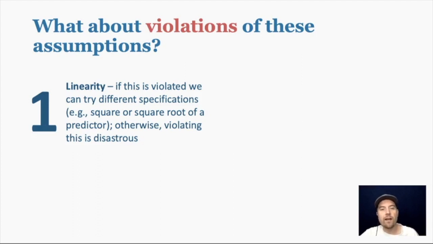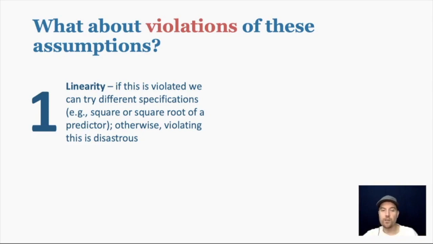All right, so what about violations of these assumptions? So linearity, if this is violated, we can try different specifications. We can try a square root of a predictor, or a square root of the outcome, a log transformation. Otherwise, if you don't catch this, and there really are nonlinear relationships happening like a curve like this, then violating this one is disastrous to the model.